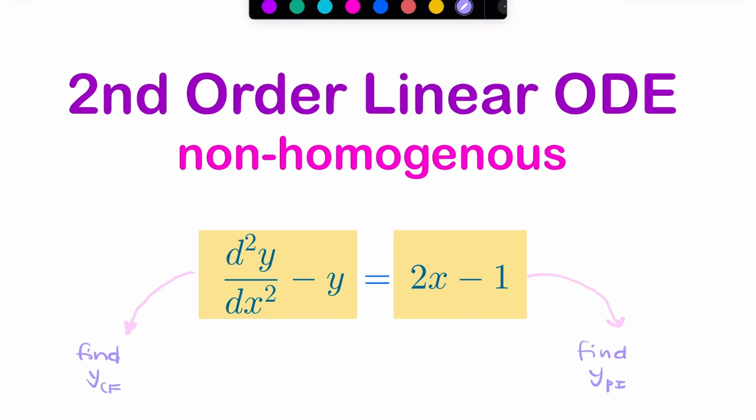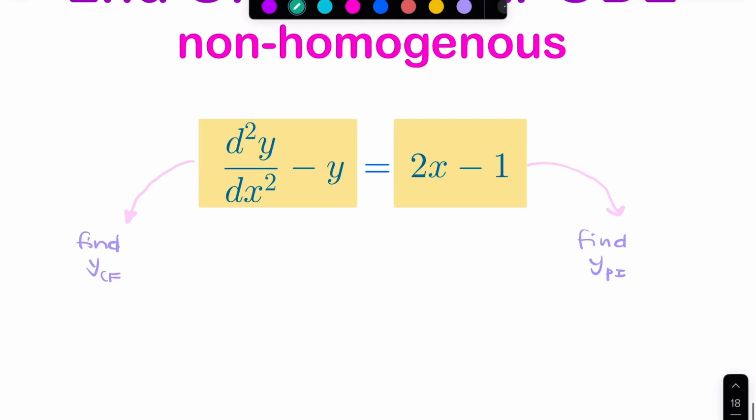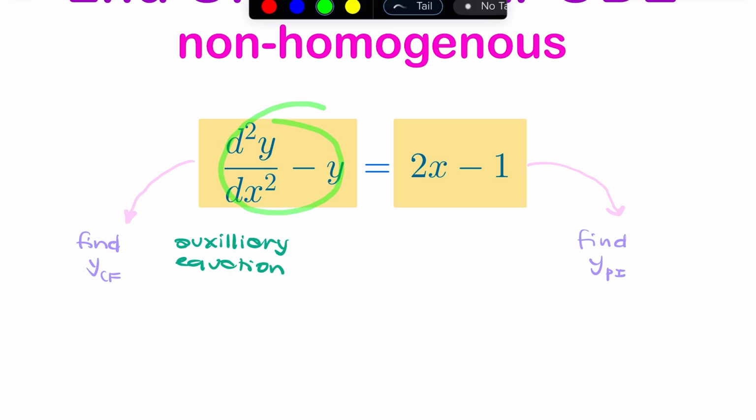So first, what we want is something called an auxiliary equation. And we do that by converting this into a quadratic equation. So we use the coefficients of the first and second derivatives of y.